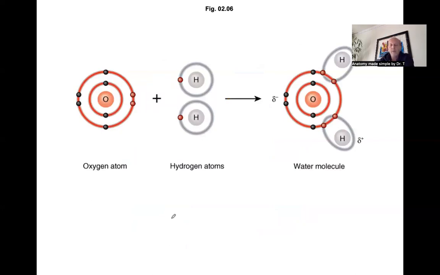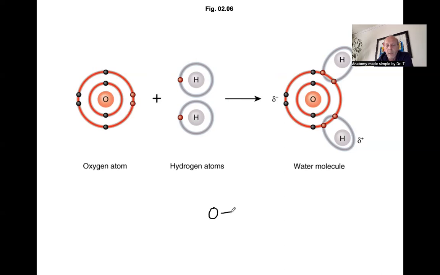Now, as we have already acquired sufficient knowledge about understanding what covalent bonding is, if we just see 1 oxygen and 2 hydrogen, we know what's going to happen. They will create 2 different covalent bonds. So we can write it down like this.